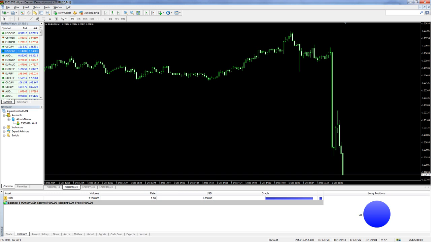So that's in theory, but in practice there is one major drawback. When news like this happens and the markets are going crazy, most brokers will have trouble actually executing your order. So even though the price has reached the sell stop or buy stop, well, in this case it would have been the sell stop over here.